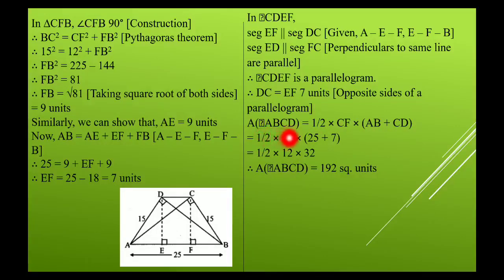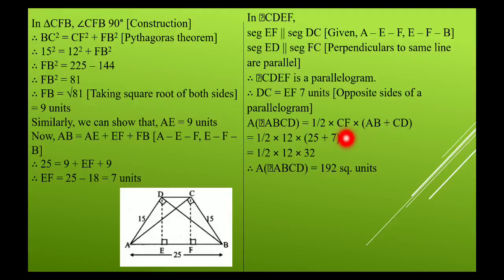Therefore, the area of quadrilateral ABCD is half of CF multiply AB plus CD. This is the formula for the area of a trapezium, half of the height into the sum of the parallel sides.